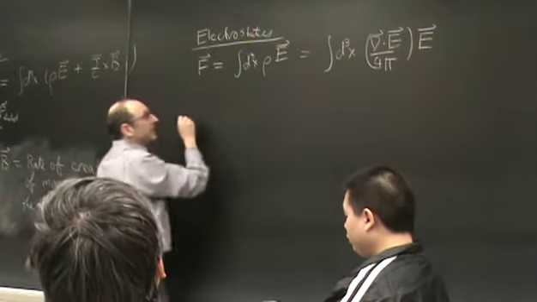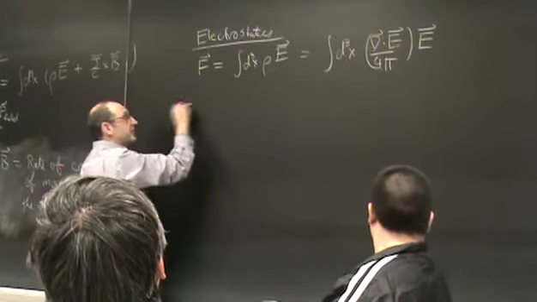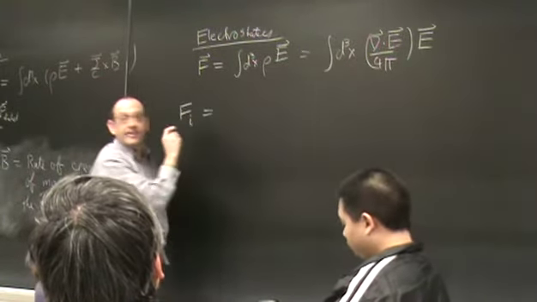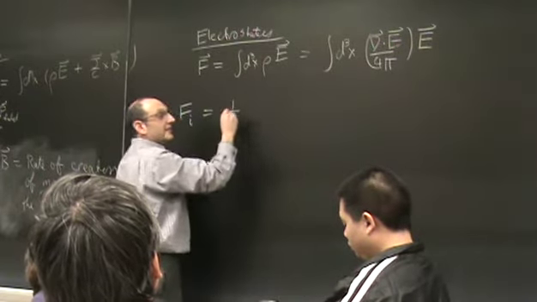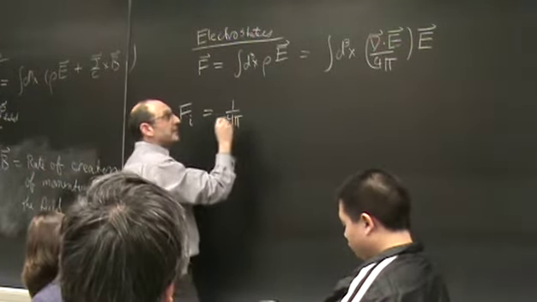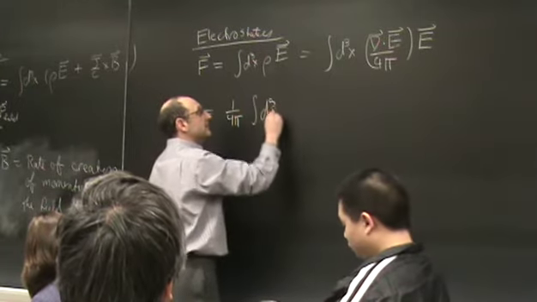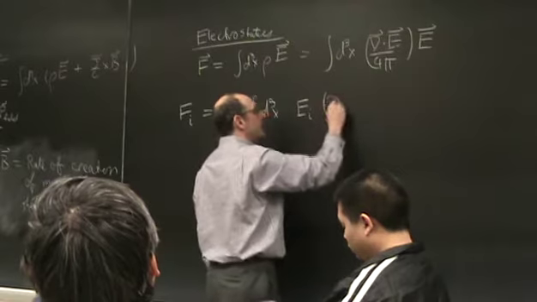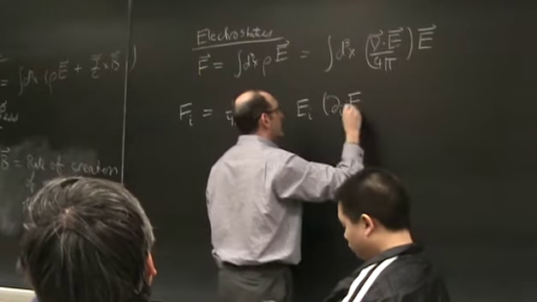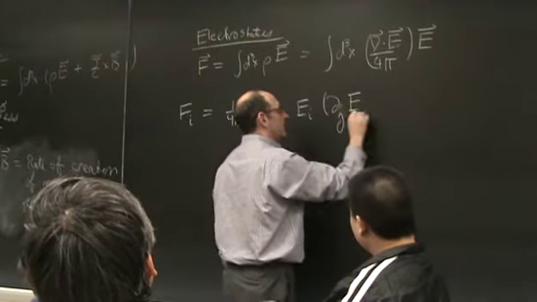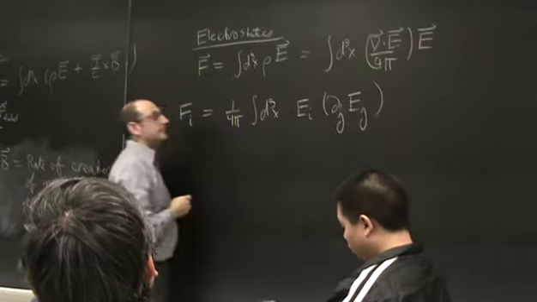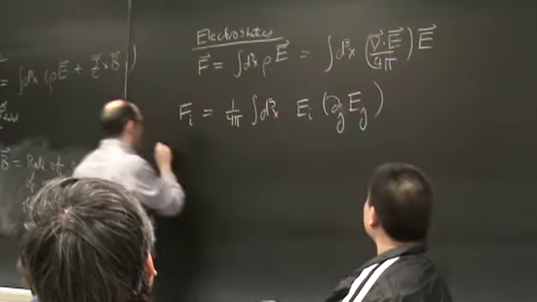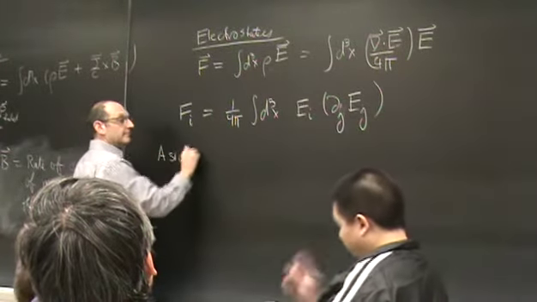All right, so now we got to deal with a little bit of tensor algebra, which is everyone's favorite activity in the world. So let's look at the ith component of this force. It's the ith component of E, and then we have del dot E, which is that. Okay? So now let's do a famous aside over here.